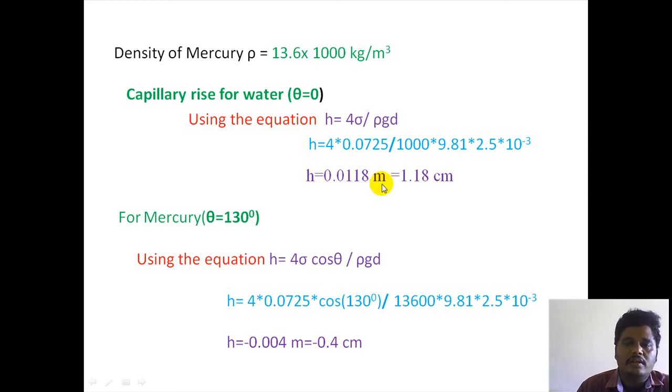This is the capillary rise for water. Next, given mercury. Mercury is a denser fluid. Now theta is equal to 130 degrees.